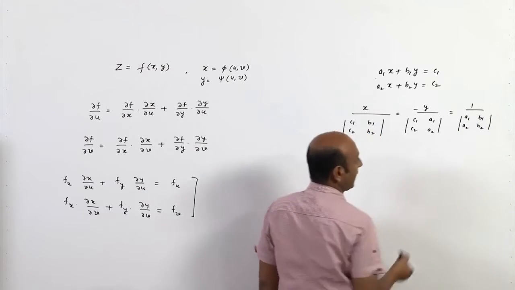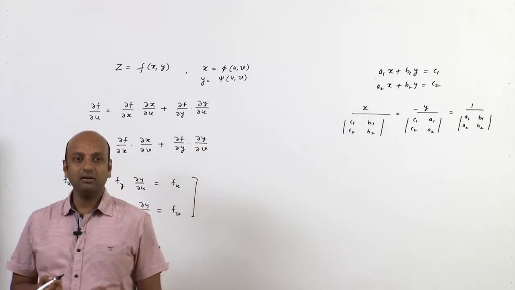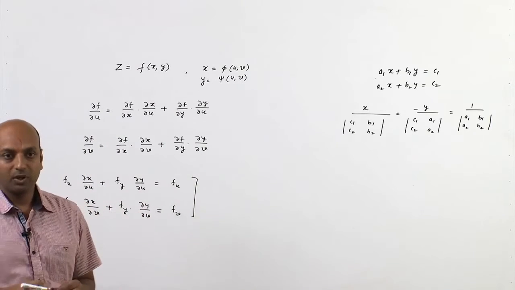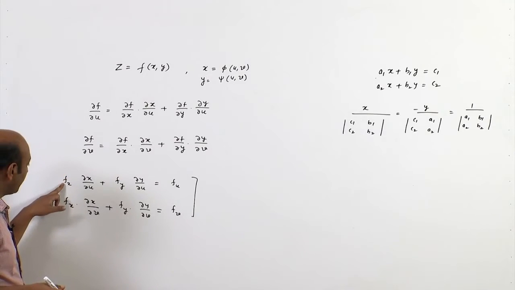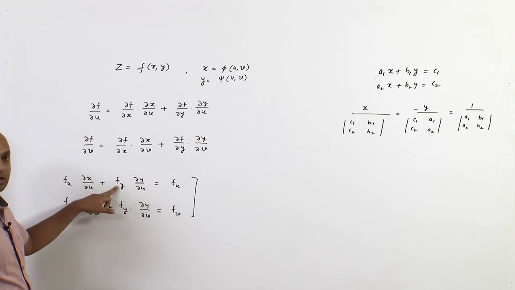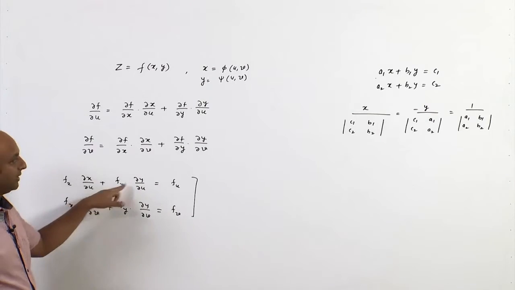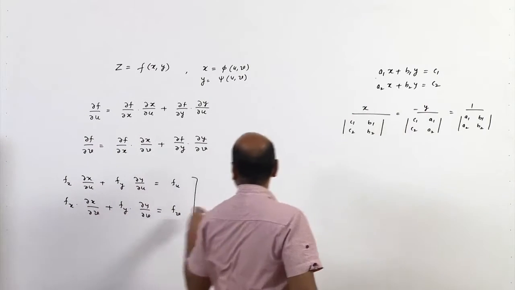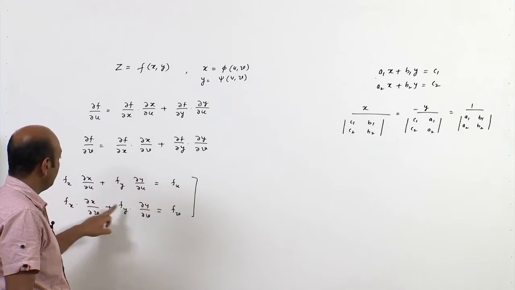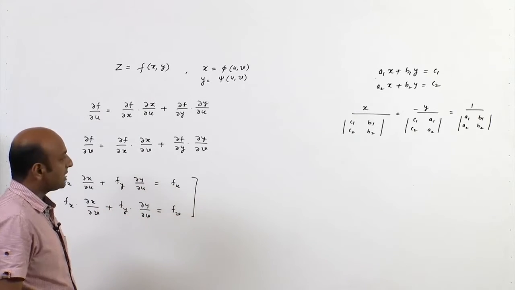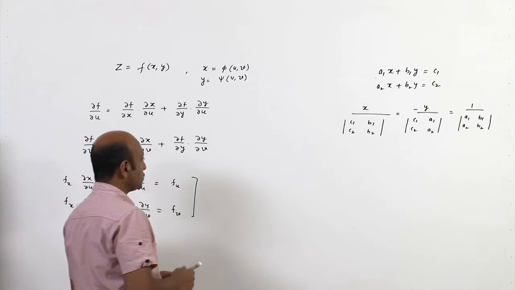This is a simple Cramer's rule by which we can find the values of x and y. Now f x and f y are the unknowns, so they may be treated as x and y, and these are a1, a2, b1, b2, c1 and c2. Let us compute f x and f y from these two equations.